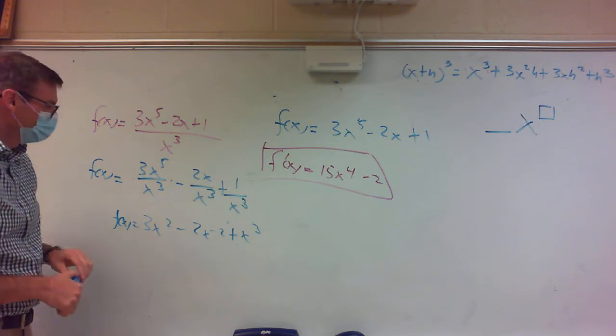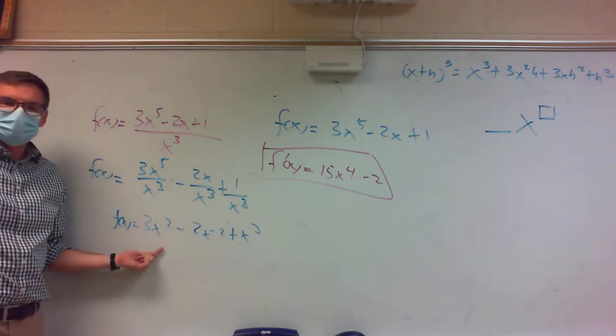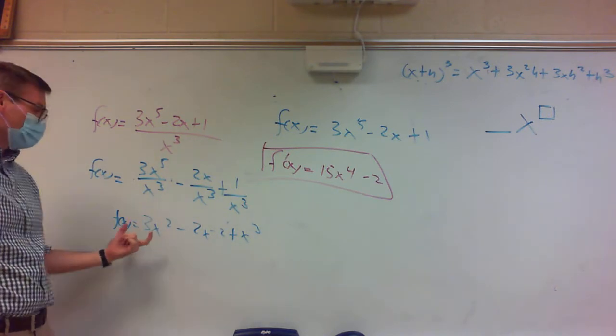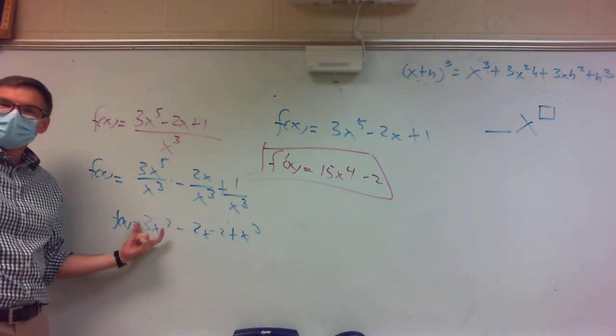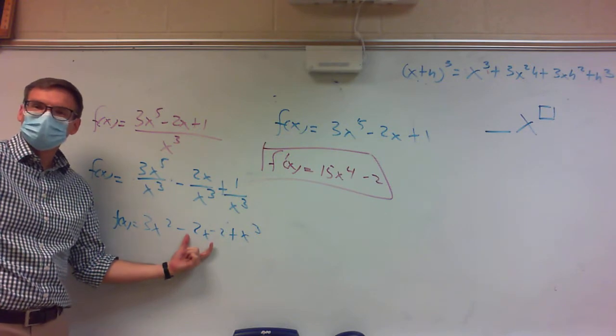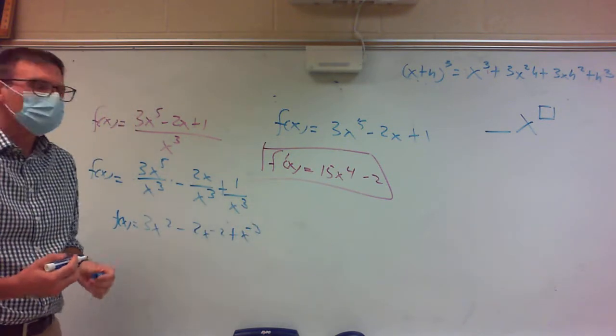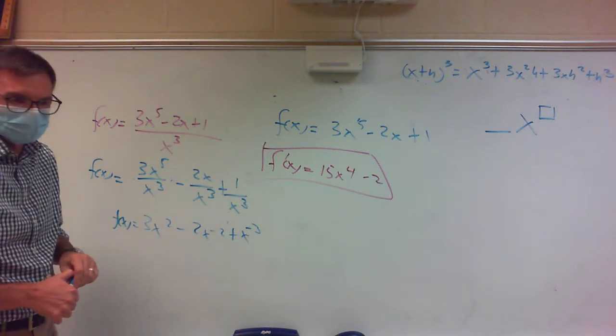Wait, is that negative? It's supposed to be a negative. I said negative 3, but I forgot to write the negative. And if I look at this, I can handle it, because I can take the derivative of this term, this term, and this term.